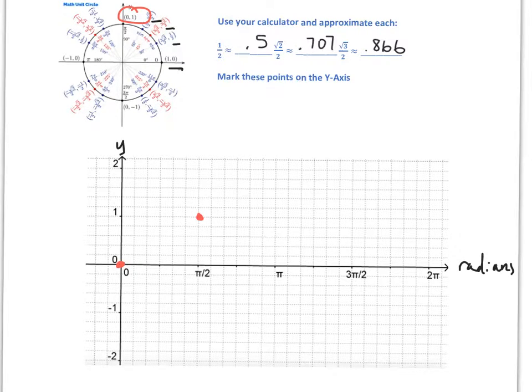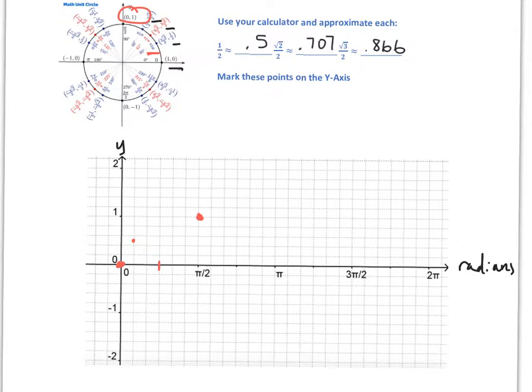So now, if we were to take all the ones in between, so at pi over 6, this is 3 pi over 6. So pi over 6 would be 1/2, and that would be right there. Nope, it'd be 2.5 boxes. It'd be right there. So pi over 6 would be your 1/2.